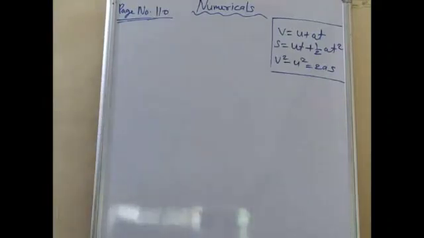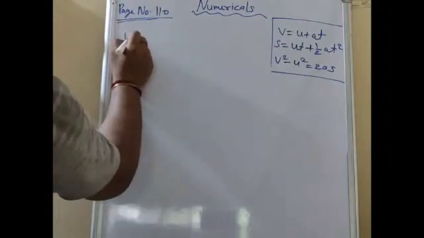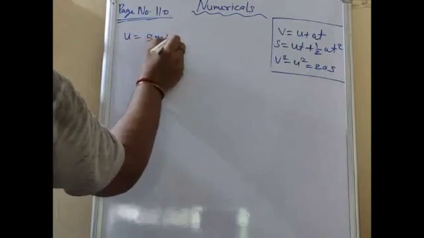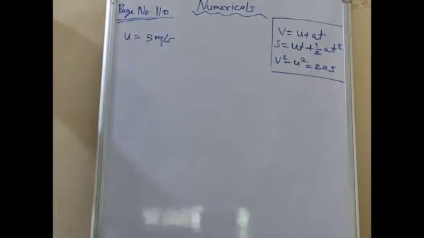The last question is, a stone is thrown in the vertically upward direction with a velocity of 5 meter per second, means u is equal to 5 meter per second. The acceleration of the stone during this motion is 10 meters per second square. Just note it down. In this case, acceleration is just gravitation.